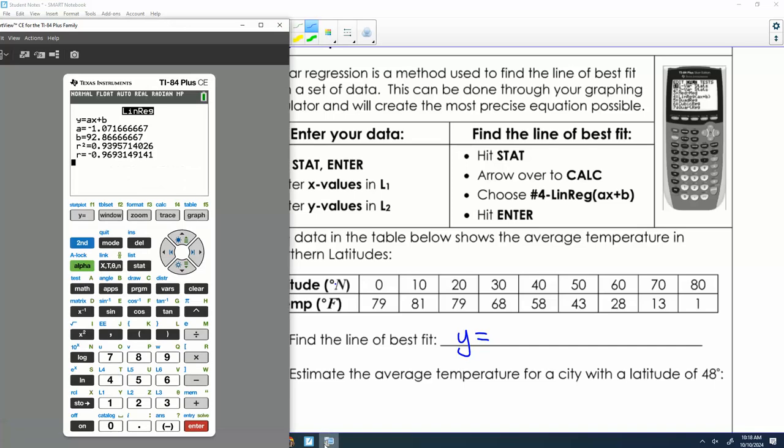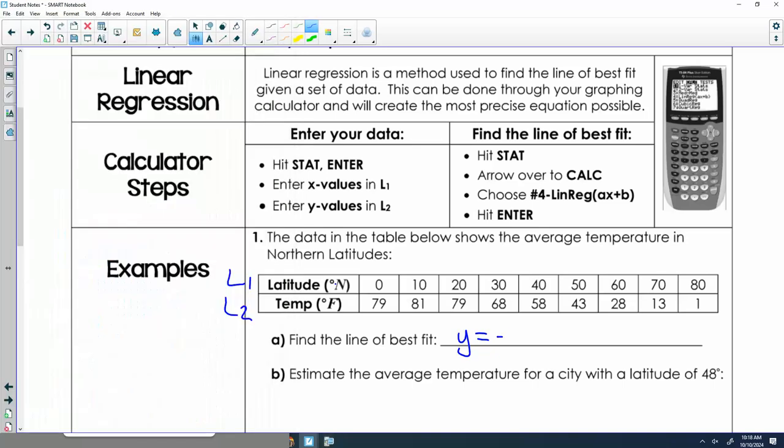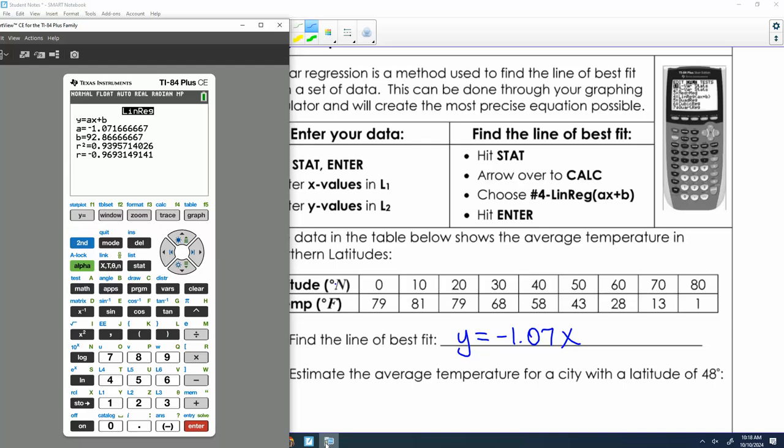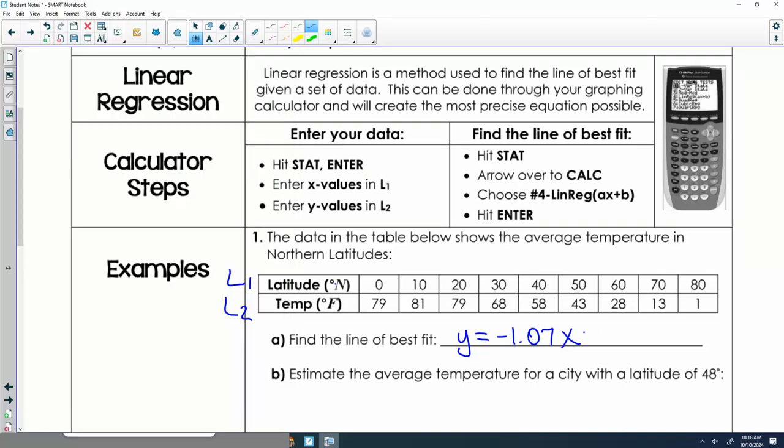When we look at our calculator, it tells us y equals ax, and then underneath it says a equals. So my a is negative 1.0716666667. I'm going to round to 2 decimal places, so negative 1.07x plus b, and my b is 92.866, so 92.87, that 6 would round up to a 7.